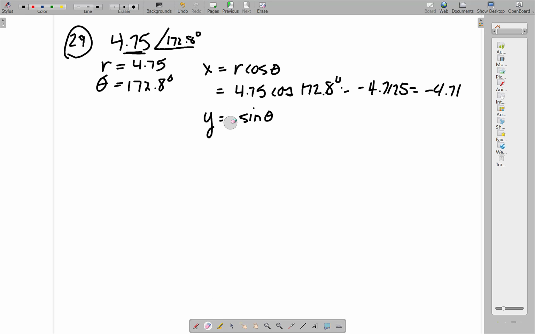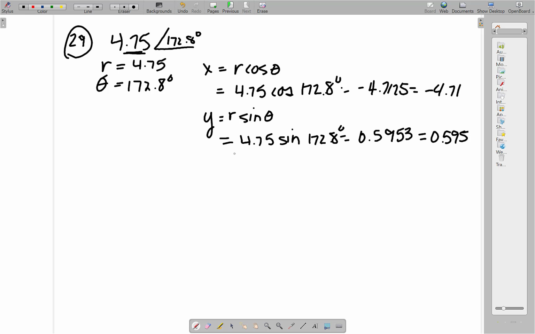That is equal to 4.75 times the sine of 172.8 degrees, which is equal to 0.5953, which equals 0.595. Why it's carried out in your book to three places, I have no idea. I just know that's what your answer is listed as in your book.